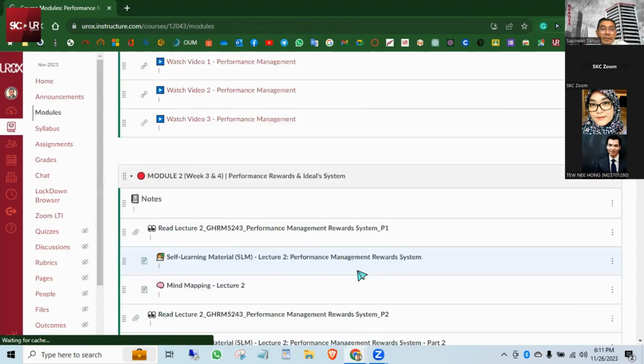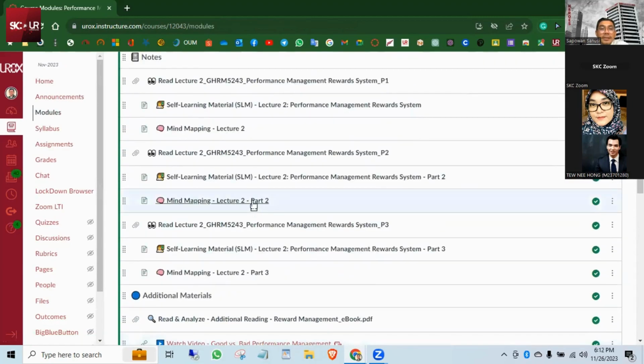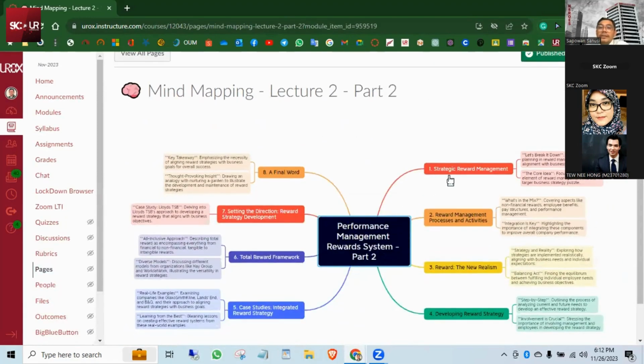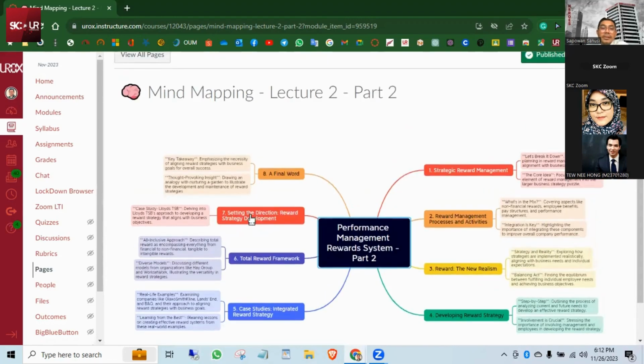And then for another chapter, you will know about strategic reward management. This is one topic. And then the reward management process: how we set up the new reward system on new technologies, new alliances, developing reward strategy. Some case studies on integrated reward strategy, total reward framework, and setting the direction of reward strategy development.